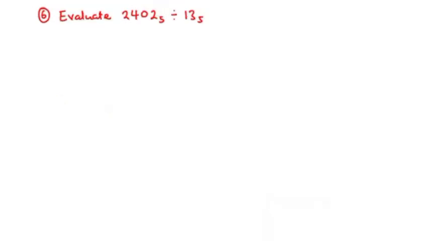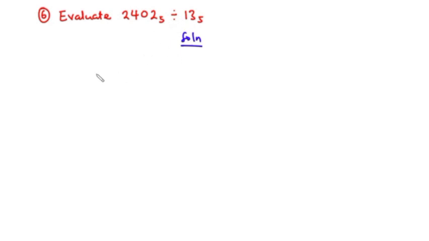Now to example 6. We are going to evaluate 2402 base 5 divided by 13 base 5. For division, it is very confusing to do that straight away. However, the best thing to do is to convert all these values to base 10, and then we perform the division. After that, we convert the result back to base 5.